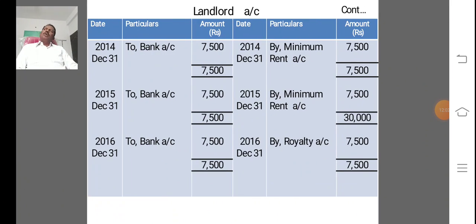Next, we prepare the landlord account. 2014, to bank account 7,500. Credit by minimum rent account 7,500. In 2015, debit bank account 7,500. Credit minimum rent account 7,500. In 2016, debit bank account 7,500 and credit by royalty account 7,500.